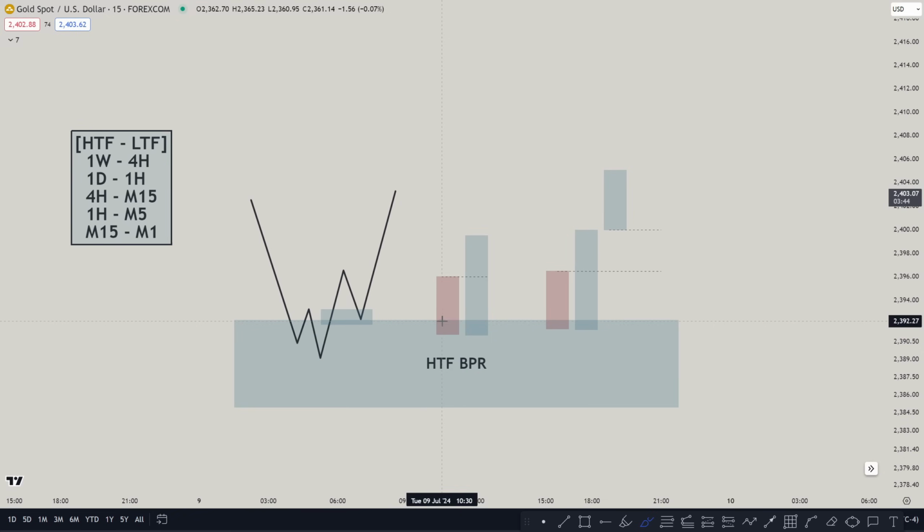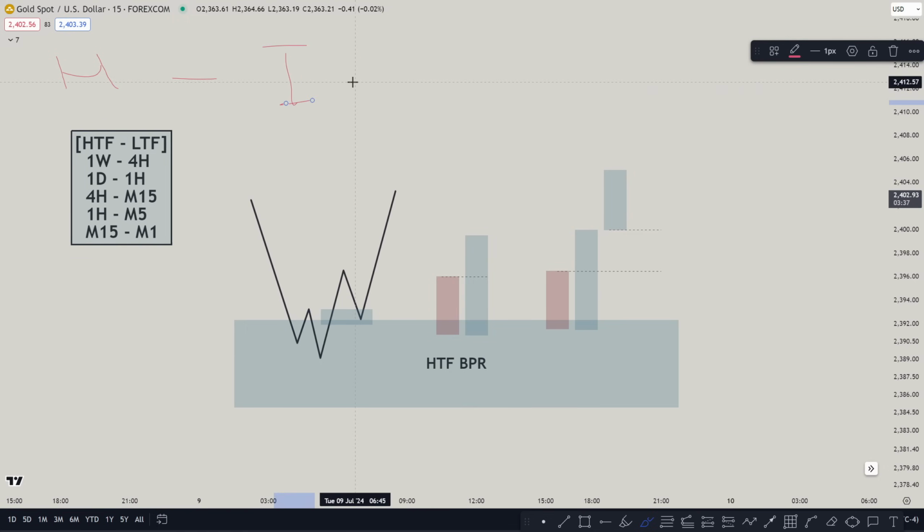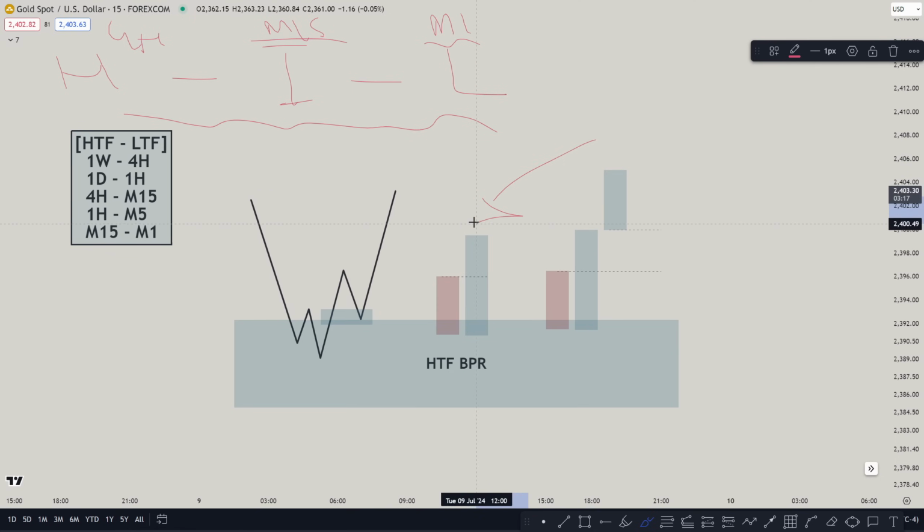So we could also look at it from another perspective, which is the higher time frame, then intermediate, and then lower time frame: we're going from 4 hour to 15 minutes for the POI to be created here, and then a lower time frame, the 1 minute, to look for an entry. If you're aiming for lower reward to risk, you could look at it in 2 time frames.